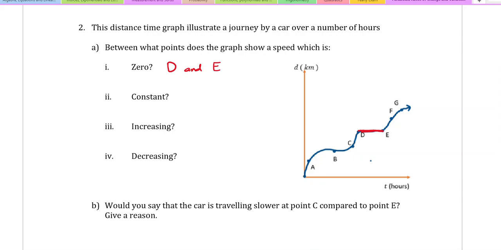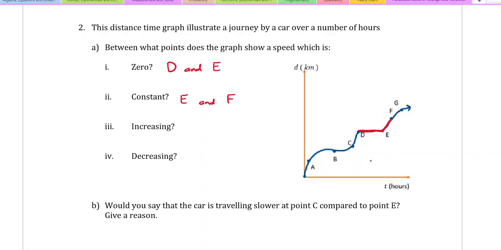It is constant when it is a straight line. So let's have a look. That's all curving in there. This is all curving. The only part that could possibly pass for straight is between E and F. So I'm going to say the constant part is between E and F.